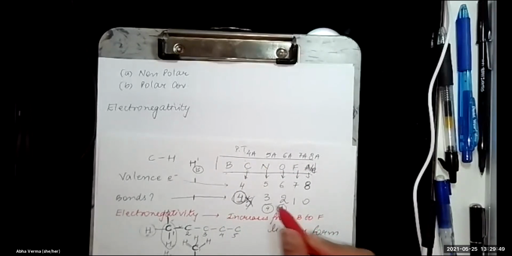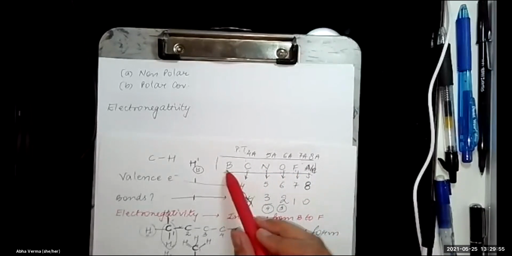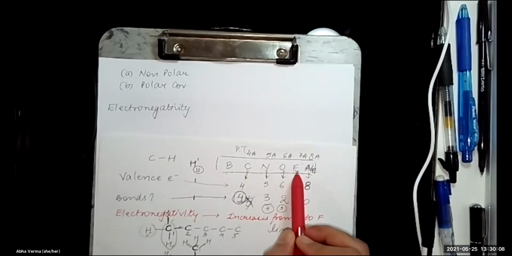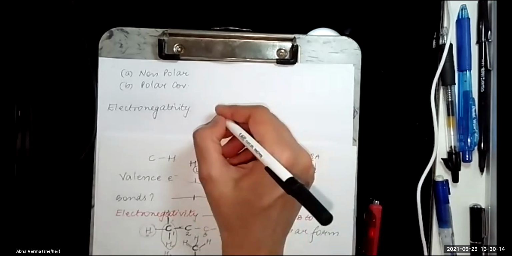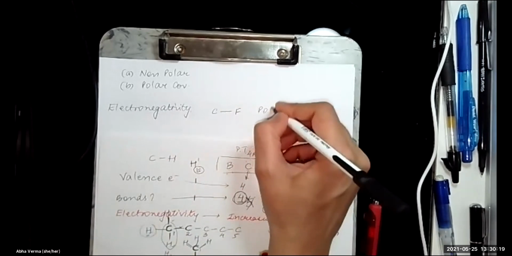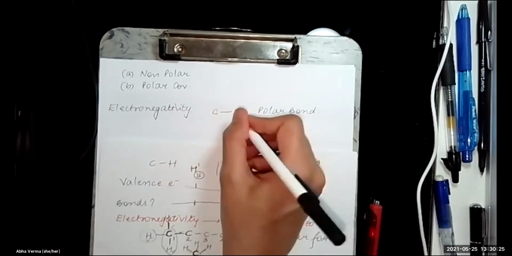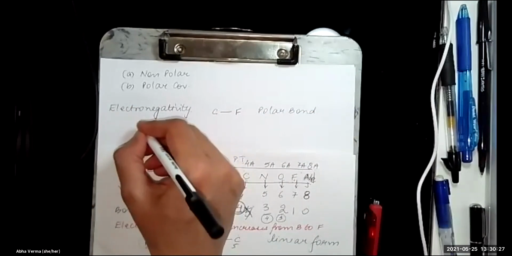So what does that mean? Out of boron, carbon, nitrogen, oxygen, and fluorine, boron will have the weakest electronegativity, whereas fluorine will have the highest electronegativity. So if there was a bond between carbon and fluorine, what will we define it as? A bond between carbon and fluorine would be considered a polar bond. Why? Because there is an electronegativity difference.